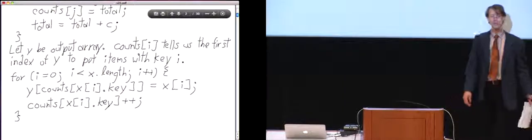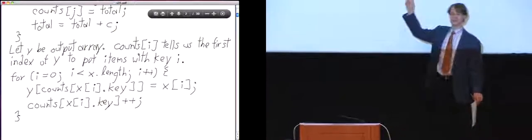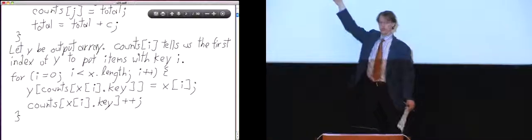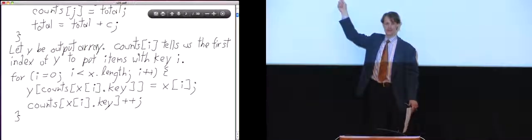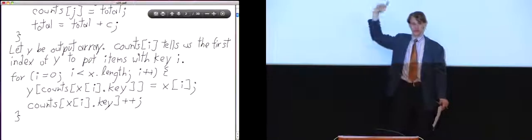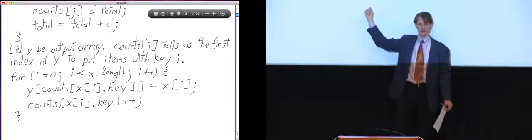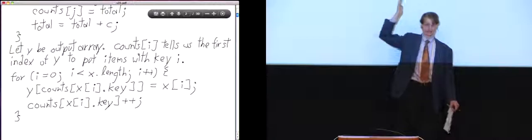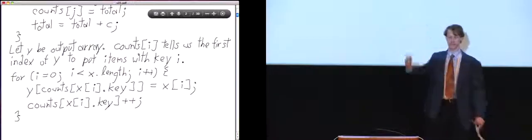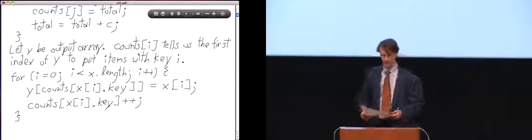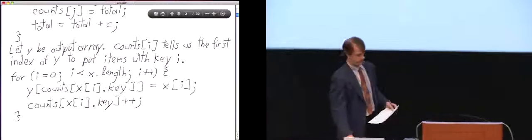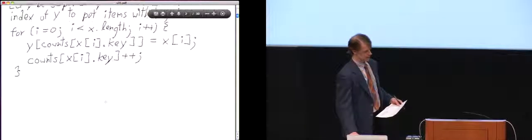And the reason why we have to do that is so that if we have another item with the same key, we don't want it to overwrite the previous item with the same key. We want it to go next to the item with the same key. And that's all the code. So that's all the code for counting sort.